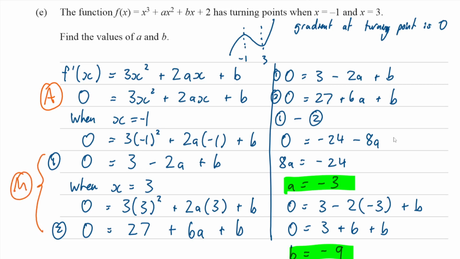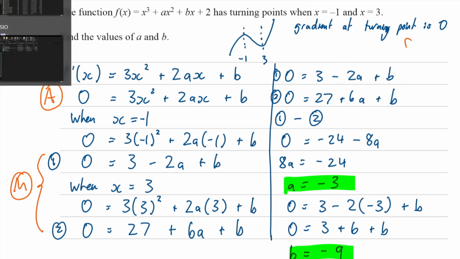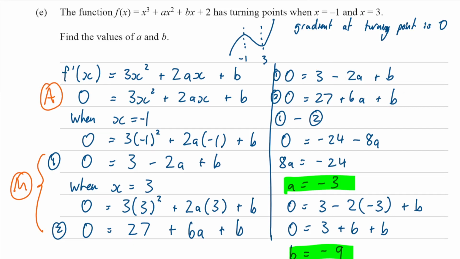And doing that is a merit skill. So we had 2 equations with the 2 unknowns, a and b, so we can then solve it. Lots of different ways you can solve it. In this case, since the format of the equations are similar, we have 0, we have a constant, we have the a term, we have the b term. If we put them one above the other, we can then easily use elimination.